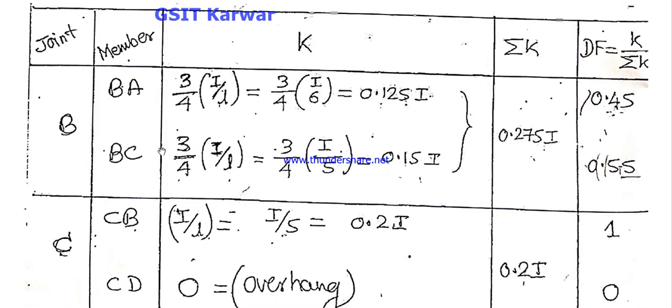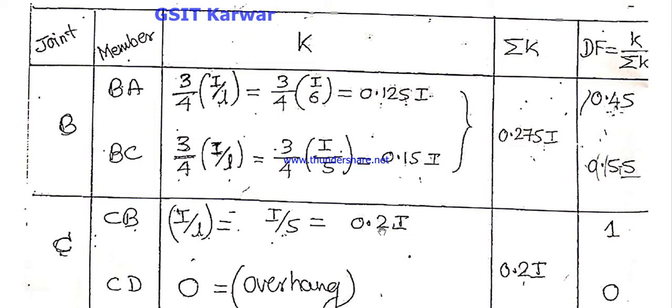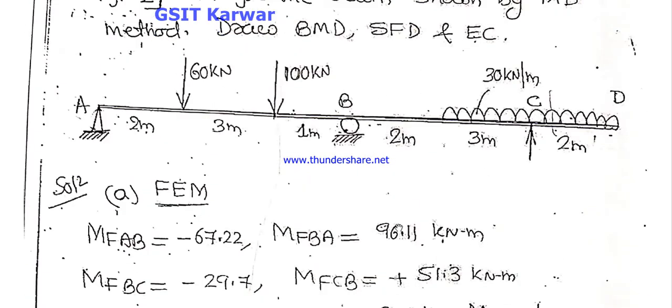That is the reason you should take 3/4 of I by L. Next, consider the joint C. If you consider joint C, the span you are going to take is span CB.